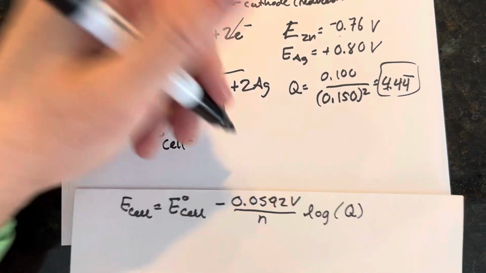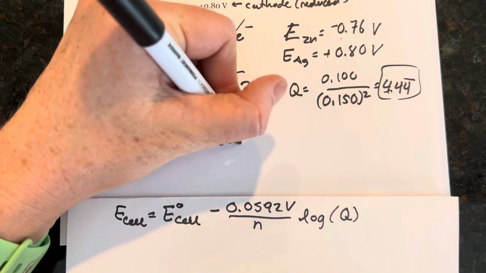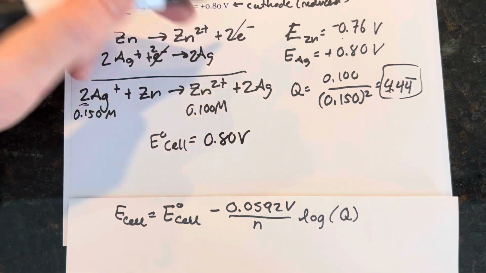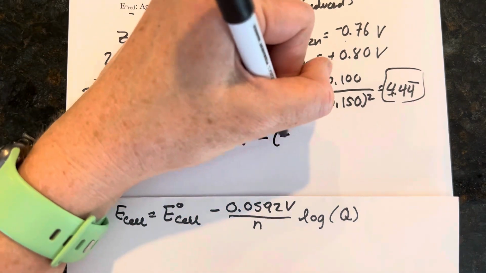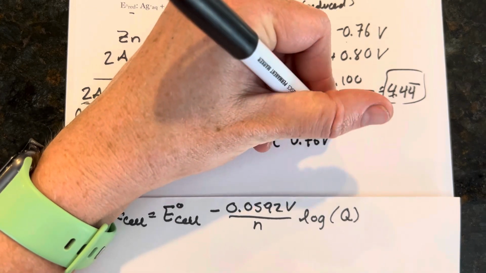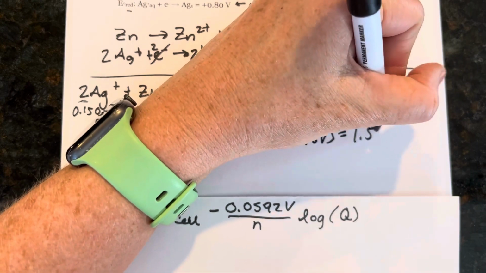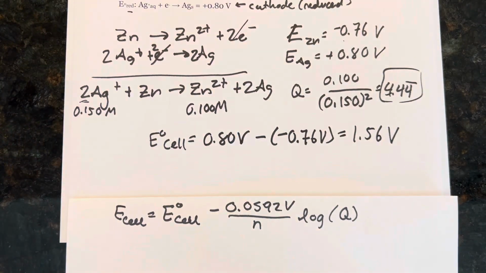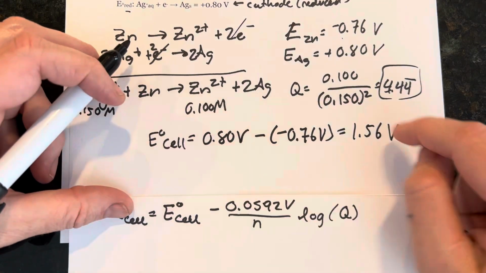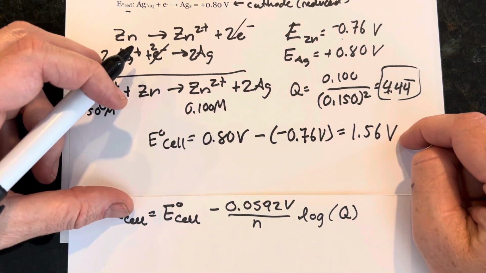We know that the cathode was 0.80 volts minus our anode, negative 0.76 volts. In other words, subtract a negative is the same as adding a positive, we get 1.56 volts. That's our standard Ecell. So under standard conditions, this battery is giving us 1.56 volts.